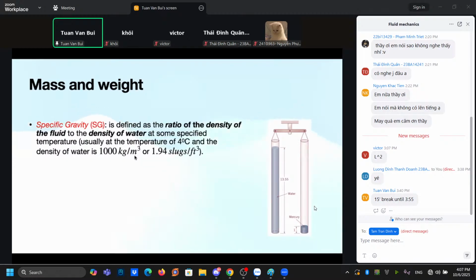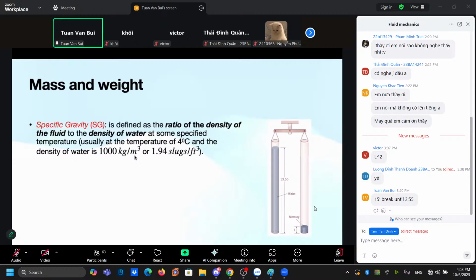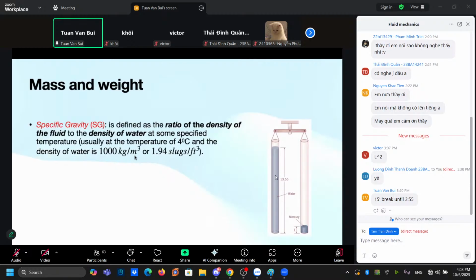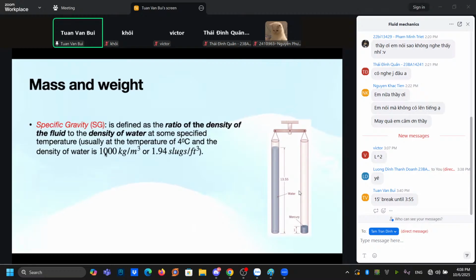So if you have a tank of 1 cubic meter, 1 meter by 1 meter by 1 meter, then you put water in that tank, then the mass of that water will be 1000 kilograms, neglecting the mass of the tank.